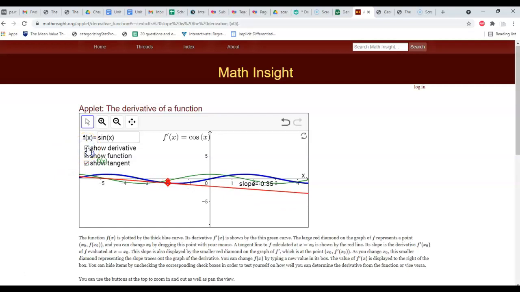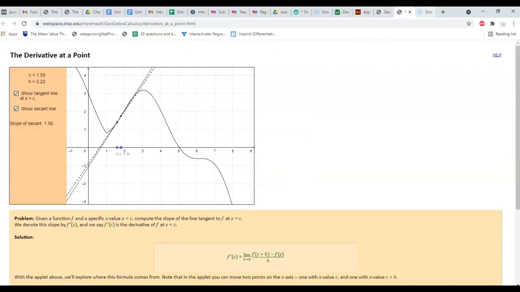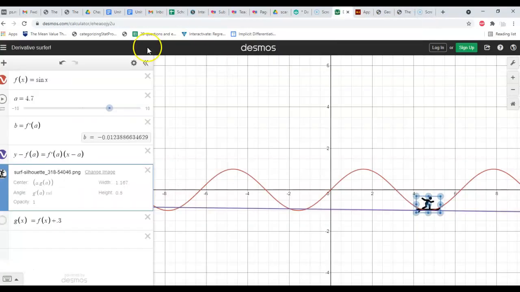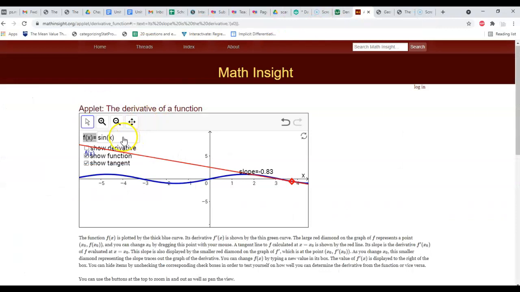So see how it's below the axis there? And now my derivative graph should be above the axis. So we're above the axis, then 0, and then below the axis. The derivative of sine is cos. The derivative of cos is negative sine. It changes a little bit, but yeah.